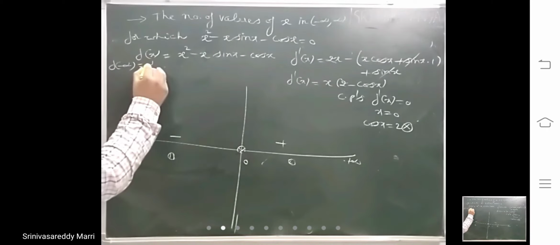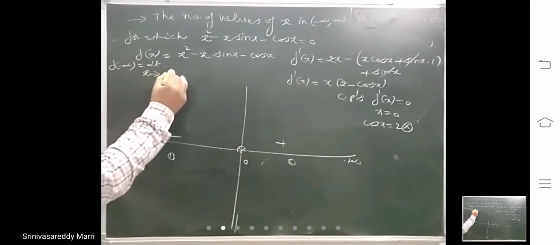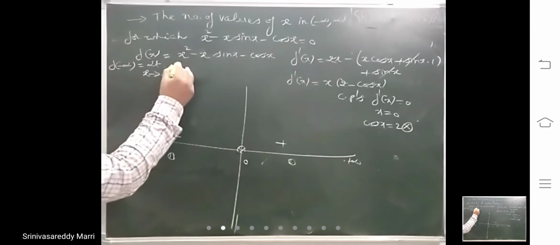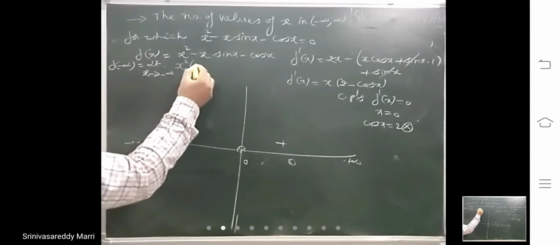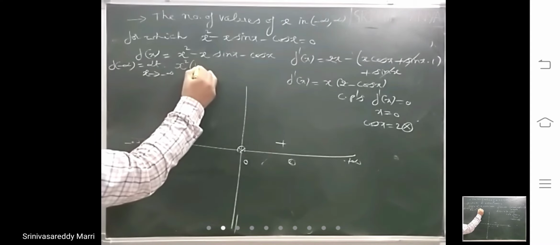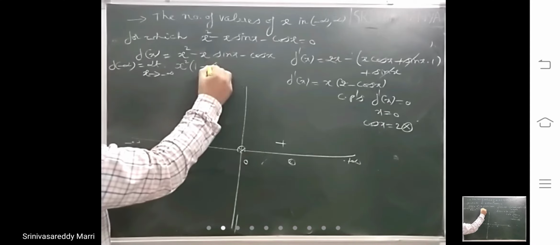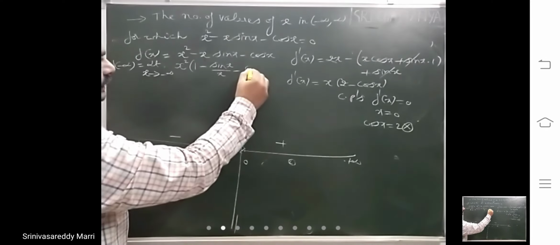Look at how to calculate. Limit x extends to minus infinity, f of x is this. Take x square common. What you will get? 1 minus sin x by x minus 1 by x square.